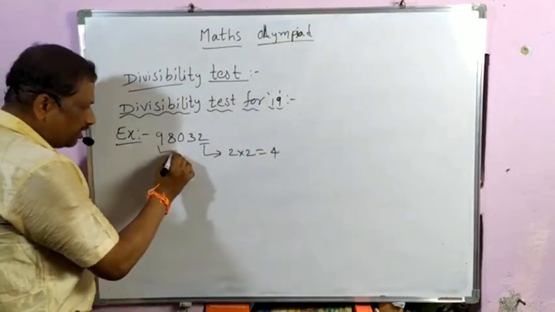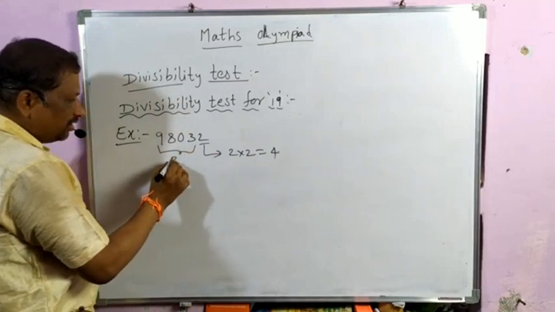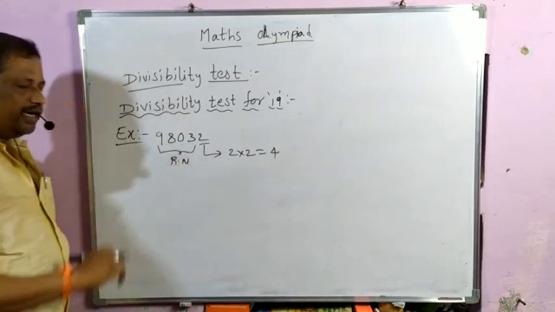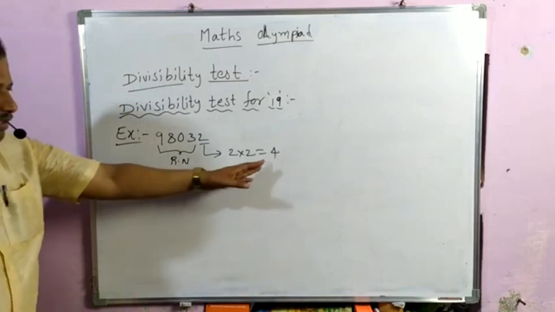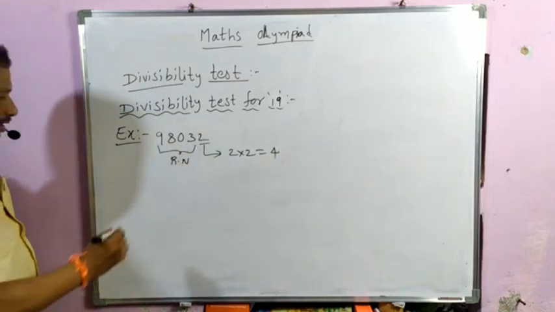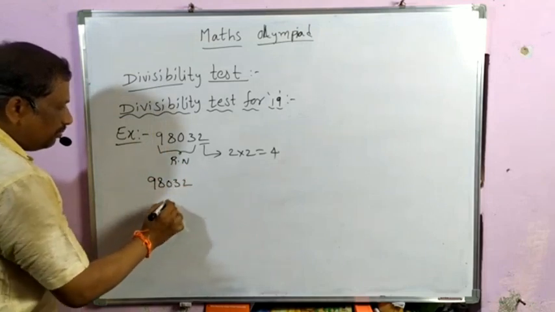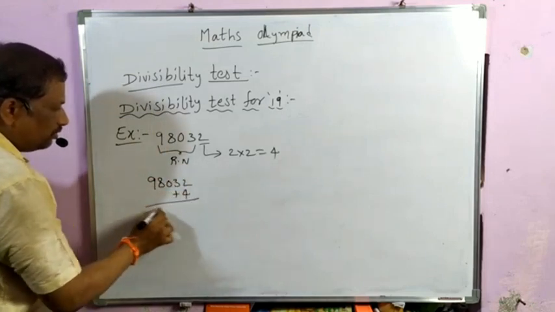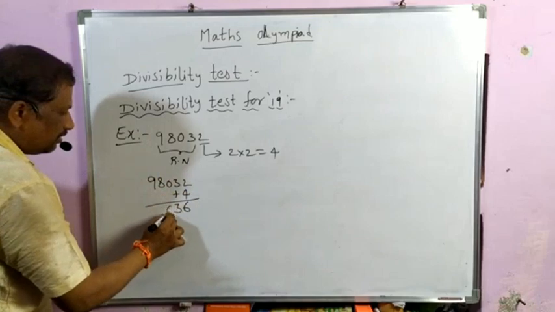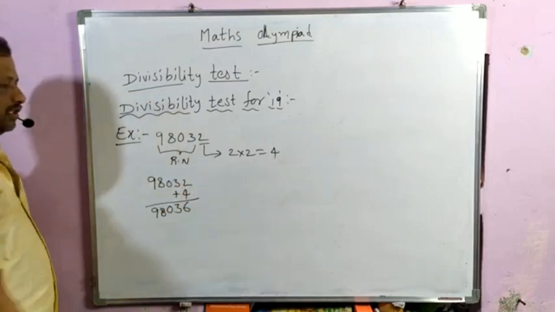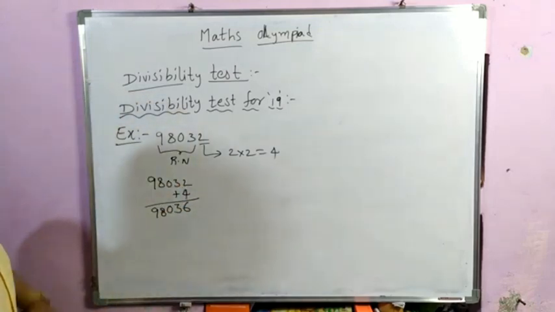The remaining number here is 9803. Add that product to this remaining number, 9803 plus 4, and you get 9807. This is a big number now.